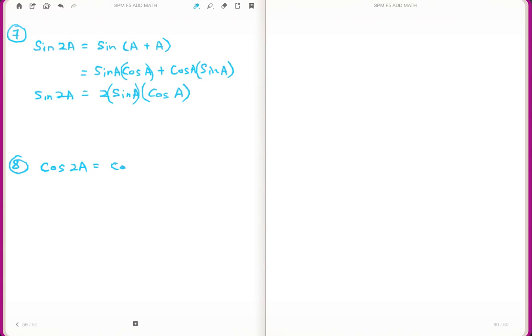Cos 2A is basically cos of A plus A, so there will be cos A cos B, but B is A, so cos A cos A, plus is minus sine A sine B. They are the same angle, so sine A times sine A, cos A times cos A. This is cos squared A minus sine squared A, because sine squared A is sine A times sine A. So you may be able to make some changes from here and there, because from what you have learned earlier, cos squared A plus sine squared A is equal to 1.